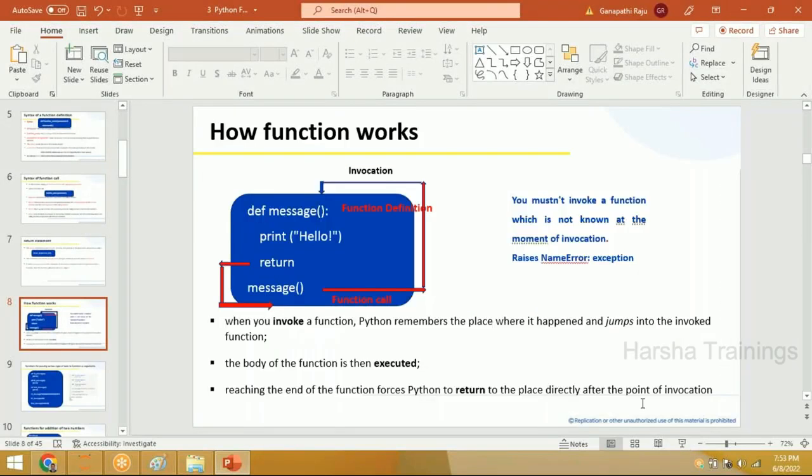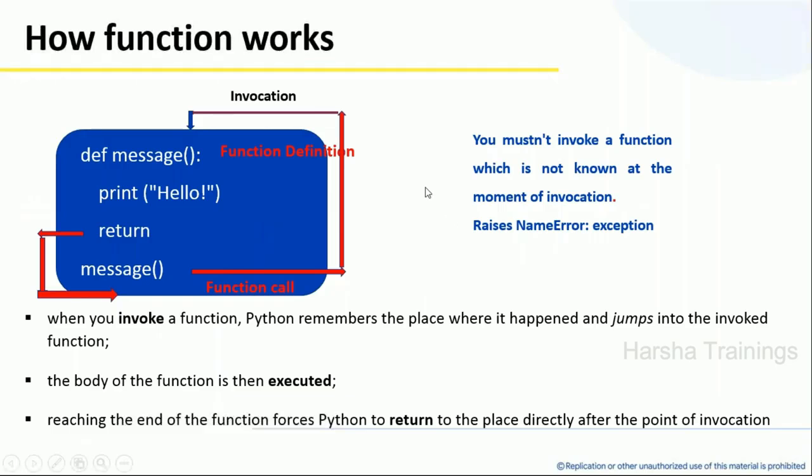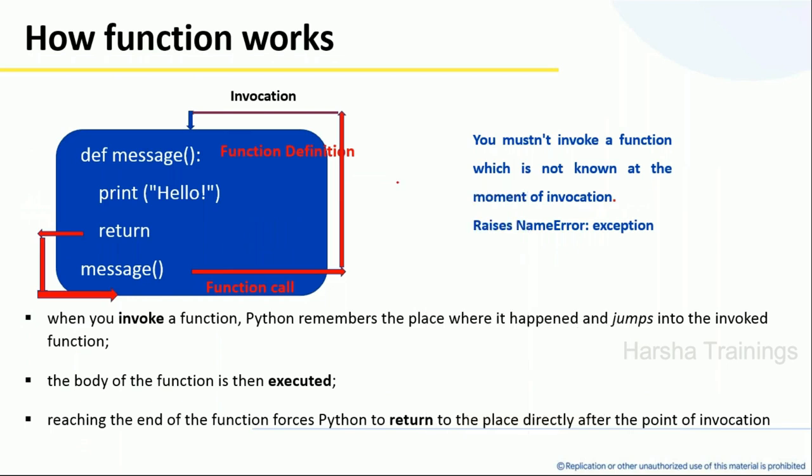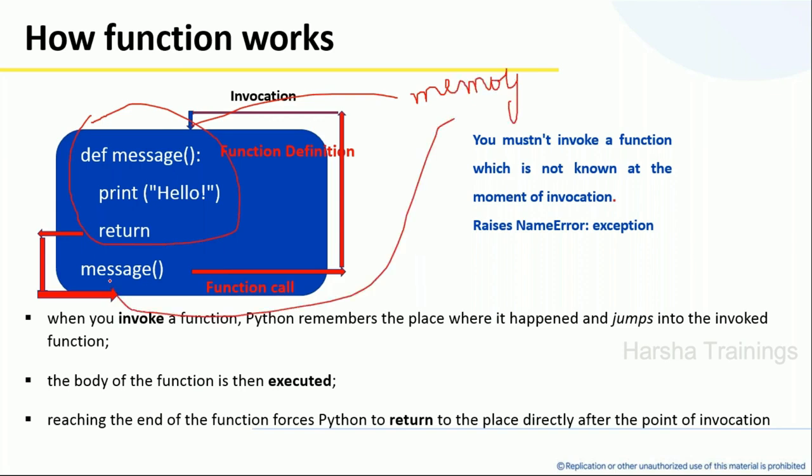Now, a very, very important point. You can ask one question: sir, can I call a function? Actually, first of all, you have to write the function definition. It should be known to the memory. Then only you can call it.